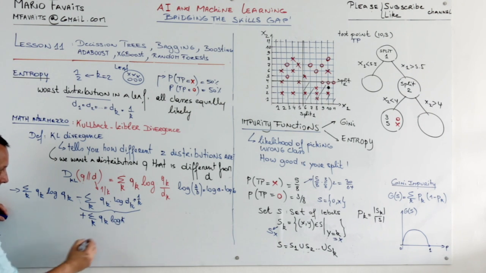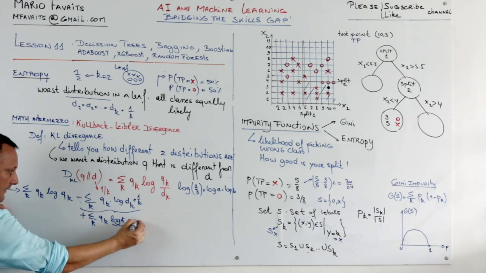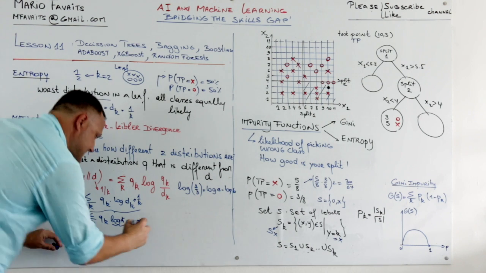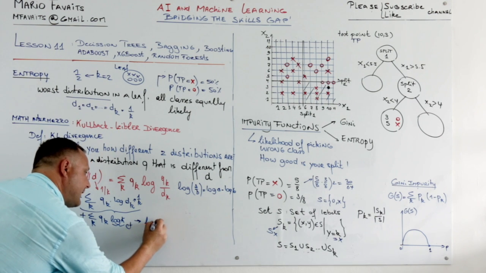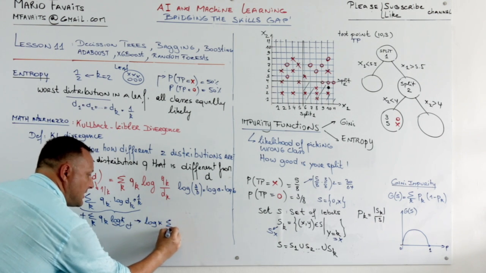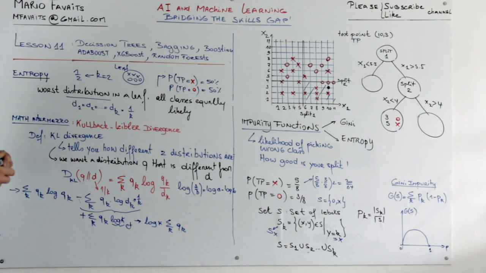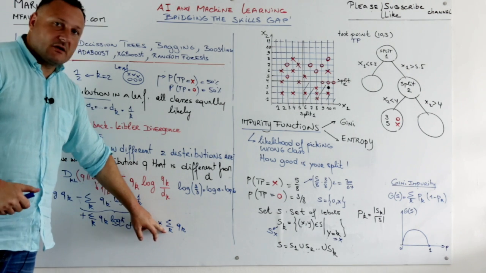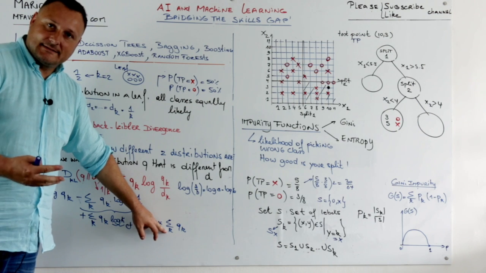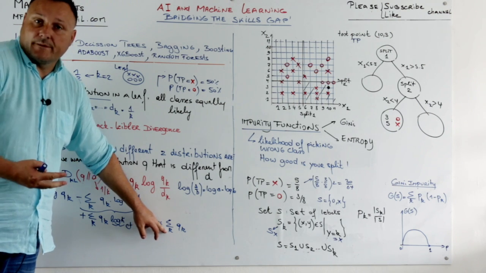Now the log of k is a constant. So we can put this in front of the summation. So we have log of k, and then the summation over k of qk. But if we sum over all classes, we have 1.